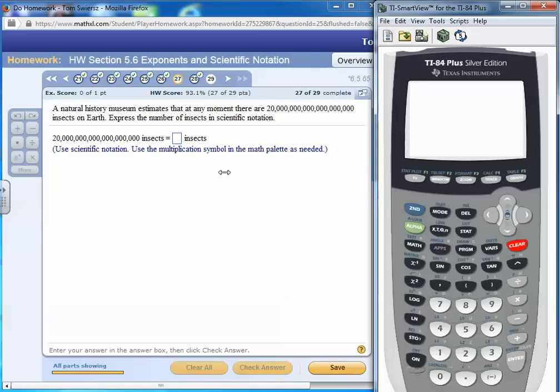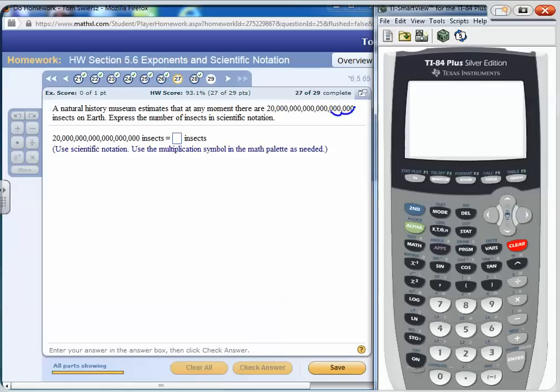So simply count over. Every 3 we're going over: 3, 6, 9, 12, 15, 18, 19. So it would be 2.0, one number to the left of the decimal, times 10 to the 19th power. We moved it over 19 places.